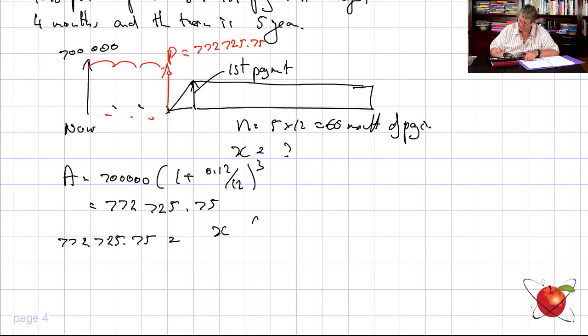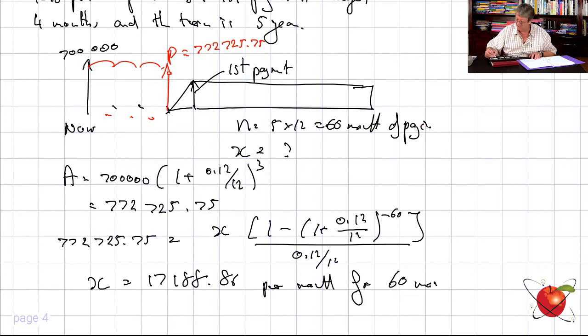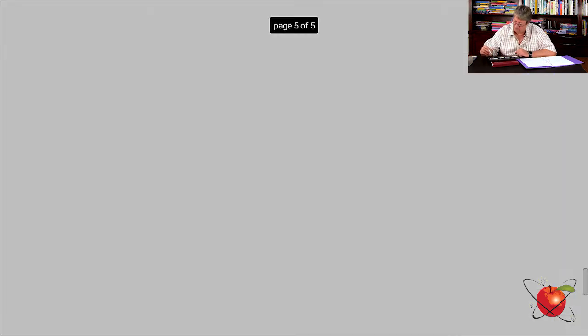X, I don't know, 1 minus (1 plus 0.12 over 12) to the power of minus 60, all over 0.12 divided by 12. So therefore I can calculate that my X is 17,188.86 per month for 60 months. Cool. So now I know what we're in for.